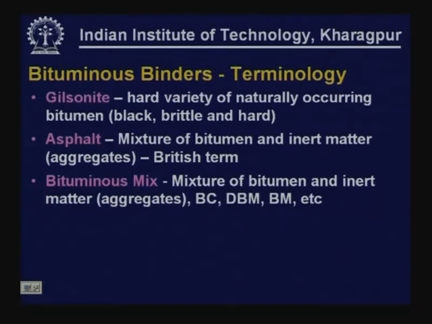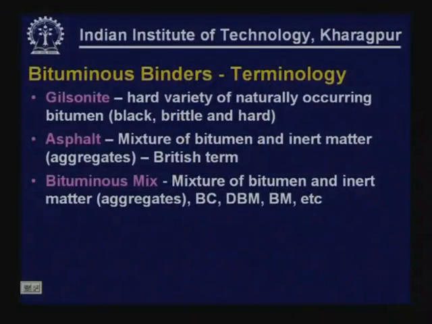Whereas in India and many other countries we use the term bituminous mix, which again is a mixture of bitumen and aggregates. Various terms that we use for bituminous mix depending on the composition and the content of bitumen are bituminous concrete, dense bituminous macadam, and bituminous macadam, represented by BC, DBM, BM and so on.